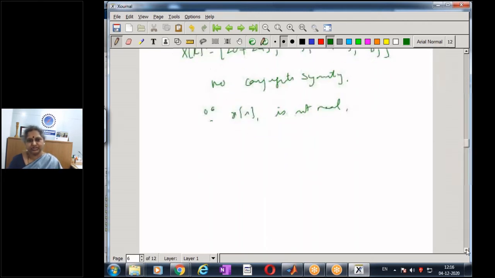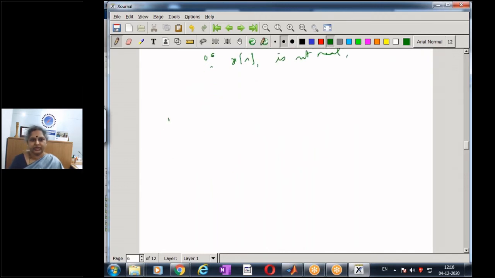So this is the result. Let's take one more interesting example wherein I take my x of n as complex, but with a complex conjugate symmetry. So let us say 10, 2 minus 3j, 4 minus 5j, 6 minus 7j, say 5, then 6 plus 7j, 4 plus 5j, 2 plus 3j.